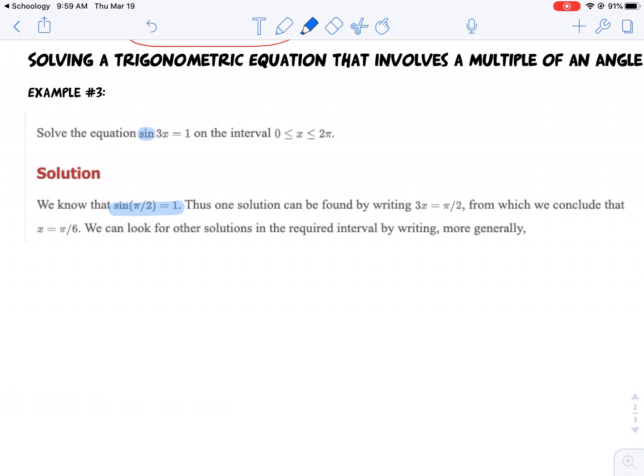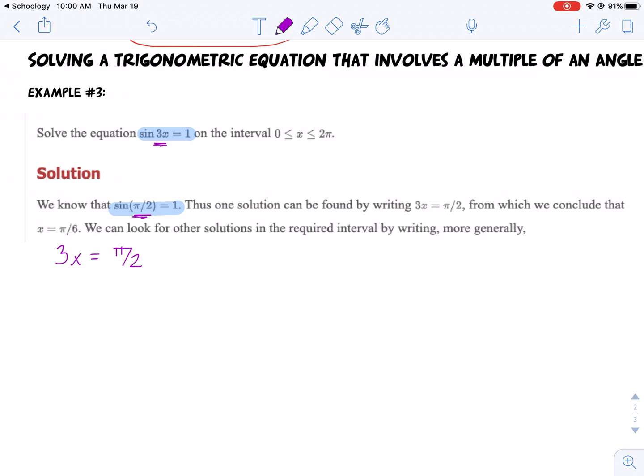So if I can get this to match up, then I'm done. Notice if 3x is pi over 2, then they both equal 1, which is the first solution we find. Thus, one solution can be formed by writing 3x equals pi over 2.